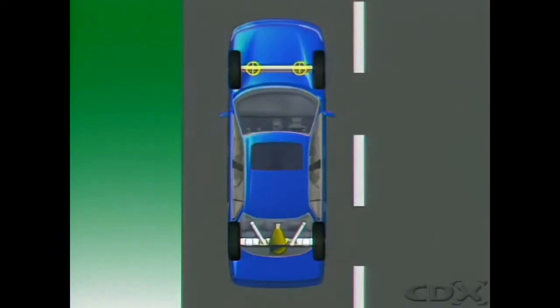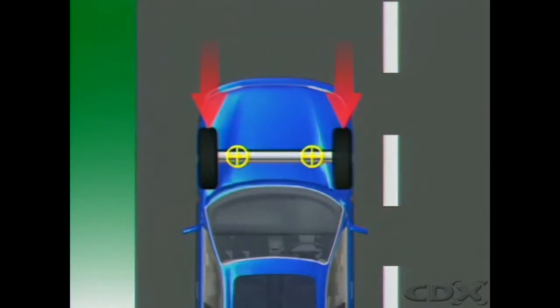The effect of scrub radius, positive or negative, is to provide a turning moment which attempts to turn the wheel away from the central position when the vehicle is in motion. On a rear-wheel drive vehicle with positive scrub radius, the vehicle's forward motion and the friction between the tire and the road causes a force, which tends to move the front wheels back.